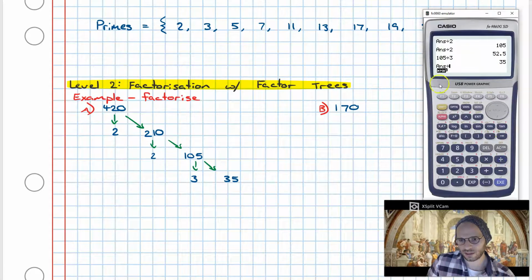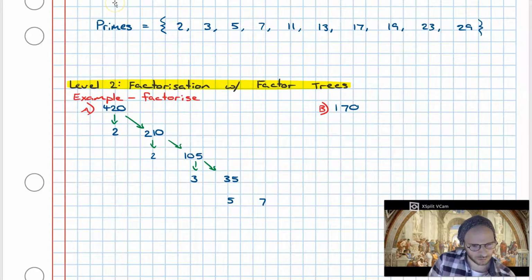We go answer divided by 3. It gives us a non-whole number again, so that's not going to work. So we need to go from 3 across one more to 5. So let's go 35 divided by 5. That's going to yield a value of 7. Completing my tree, draw my arrows.